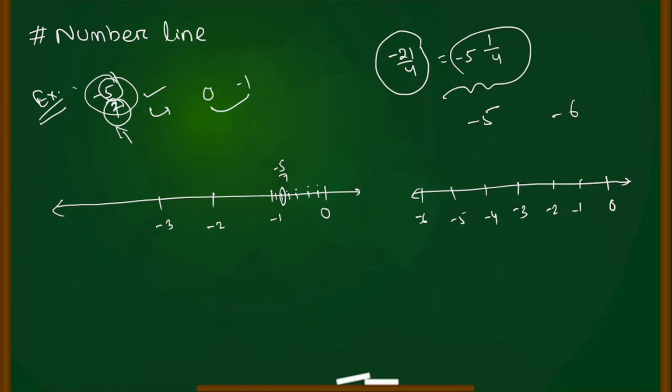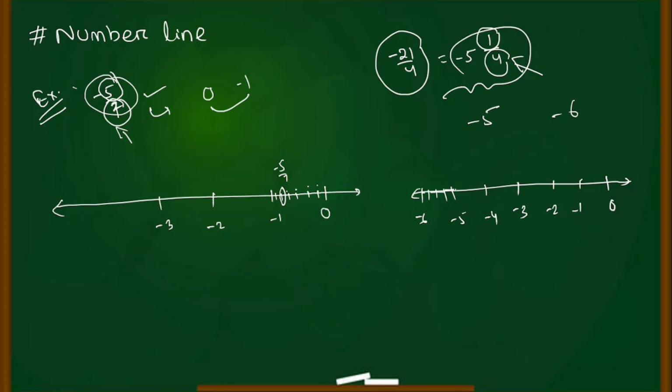Means we should draw how many lines? 4 means 3 lines. Simply decrease by 1, then draw the lines. Which two integers? Minus 6 and minus 5. So between minus 5 and minus 6, 3 lines: 1 line, 2 line, 3 line. Means it will be divided into 4 equal parts: 1, 2, 3 and 4.